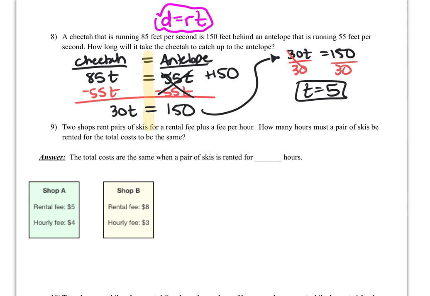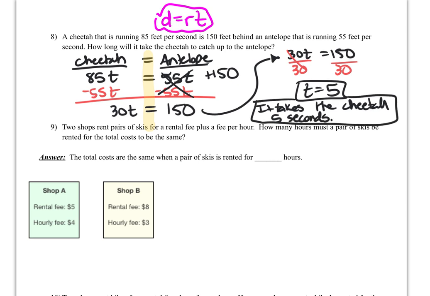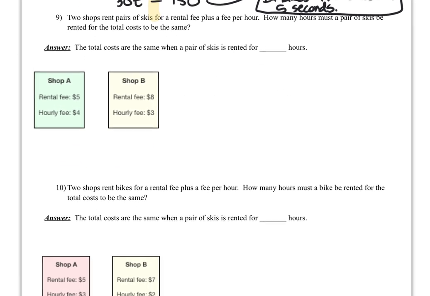Okay, so we could say it takes the cheetah 5 seconds. And you could say to catch up or to catch the antelope. The sentences kind of vary slightly. Yes? Okay.